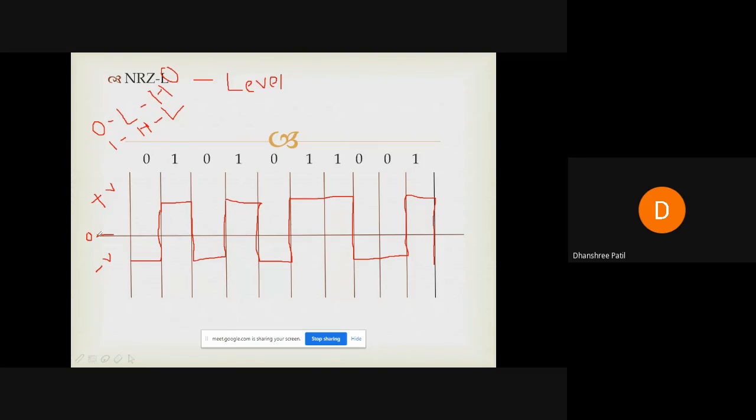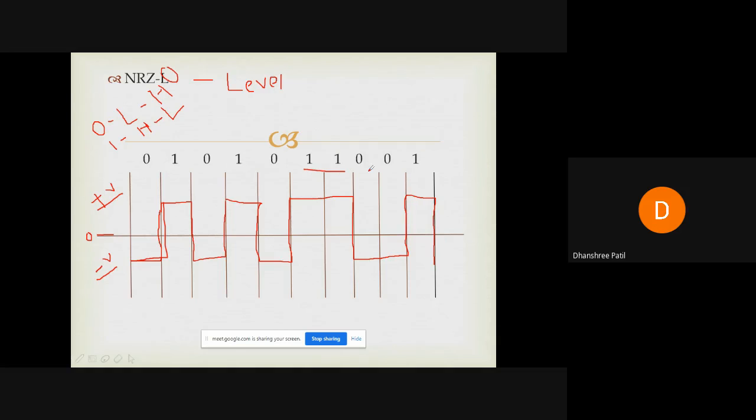You can see here, this is my positive side and this is the negative side. So 0 represents low to high, and I have started from low to high. Then 1 represents high to low. Again 0: low to high, high to low, low to high. Now two ones are there.